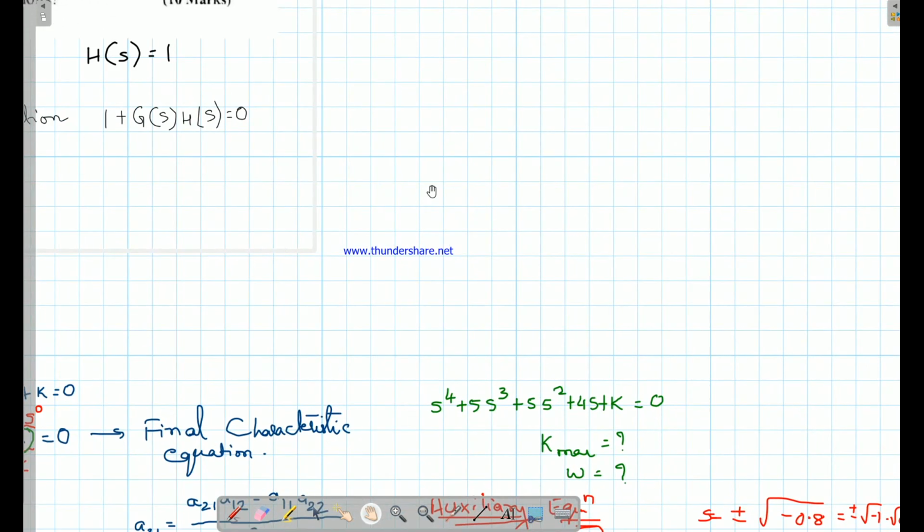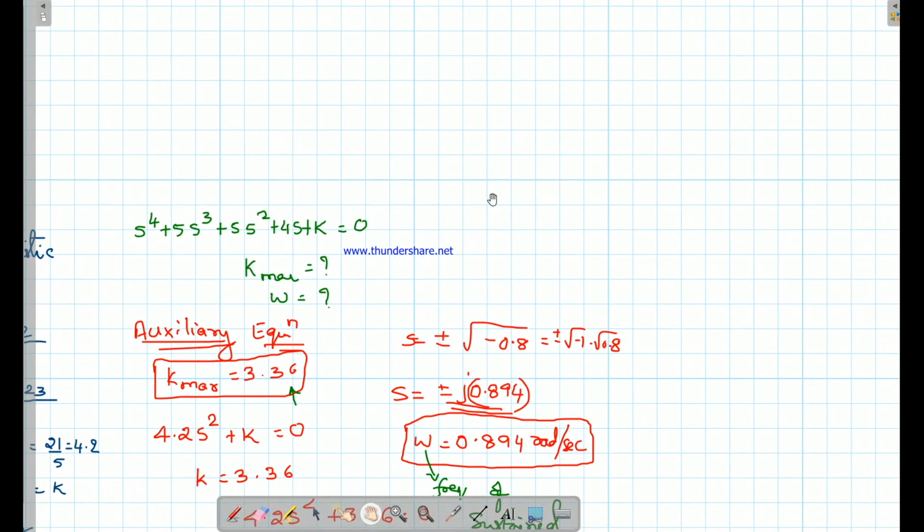Okay, now this is one method where we found K and omega. There is one more method which I can tell you, where you replace s to be equal to j omega in this equation. So what will I get here is j omega to the power of 4 plus 5 into j omega to the power of 3.